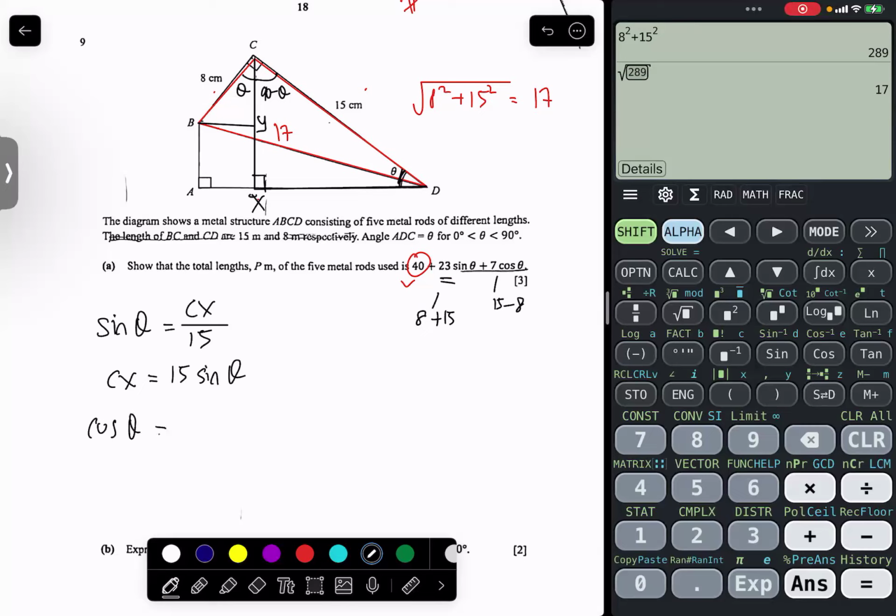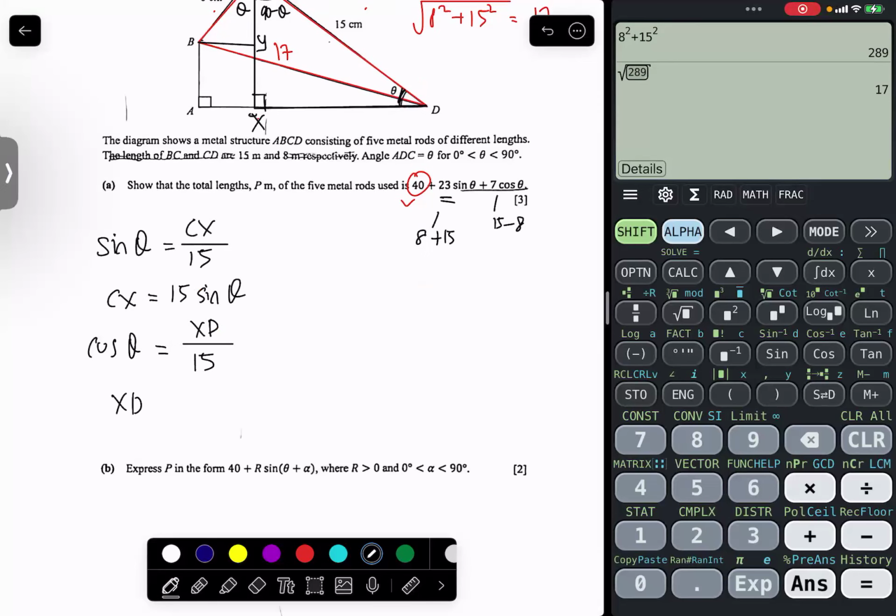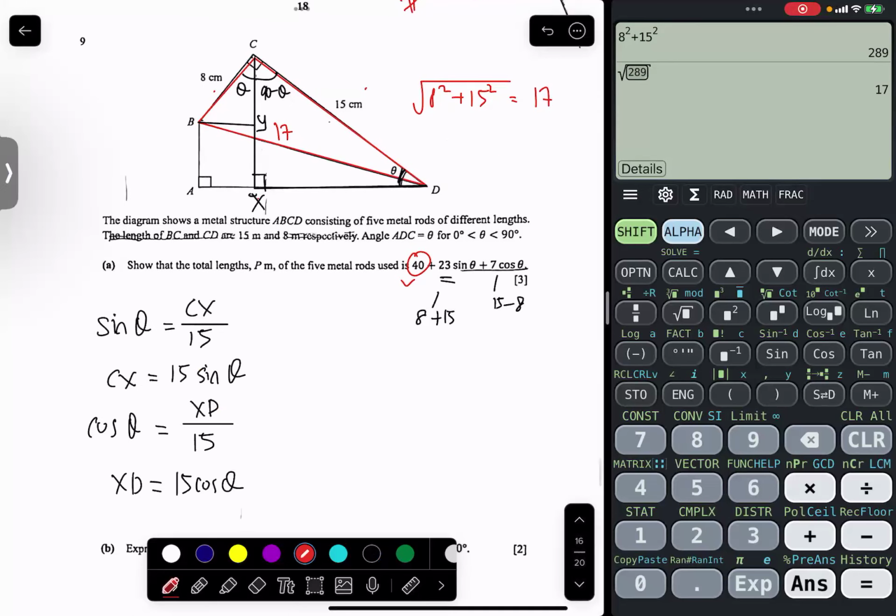Cos theta equals XD over 15, so XD equals 15 cos theta. On the other side, with this triangle, sine theta equals DY over 8, so DY equals 8 sine theta.